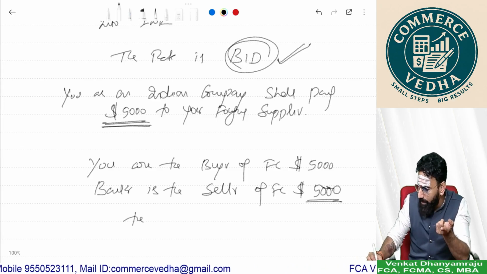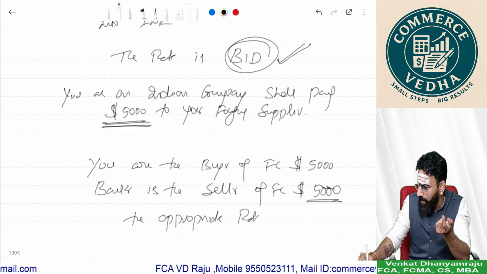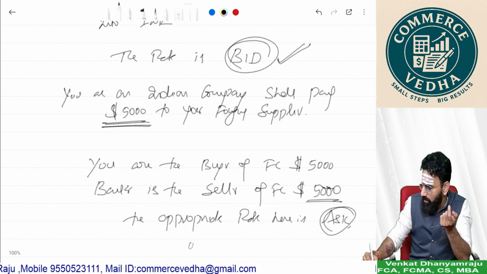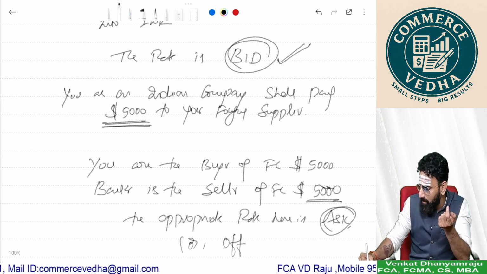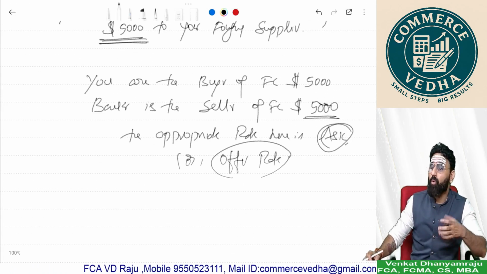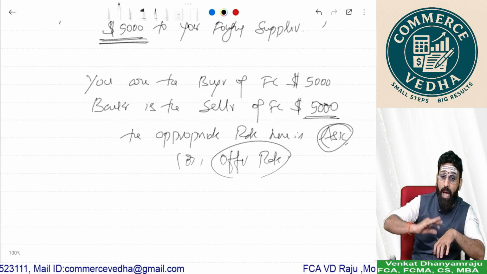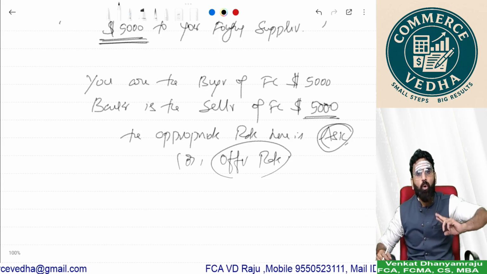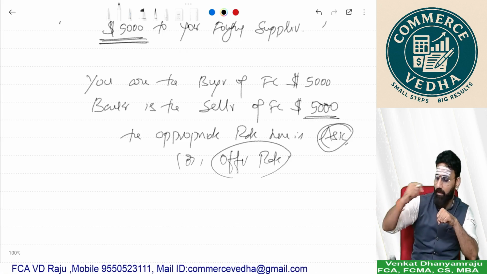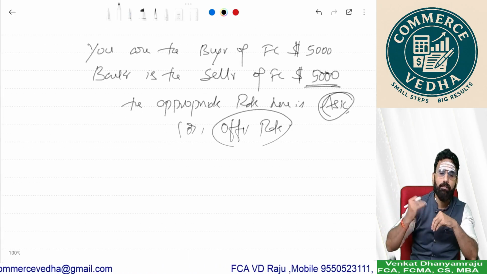So the appropriate rate here is ask, or offer rate. So when you are buying, it is ask. That means the banker is selling. When you are selling, it is bid. That is, the banker is buying. So bid is the banker's buying rate, ask is the banker's selling rate.